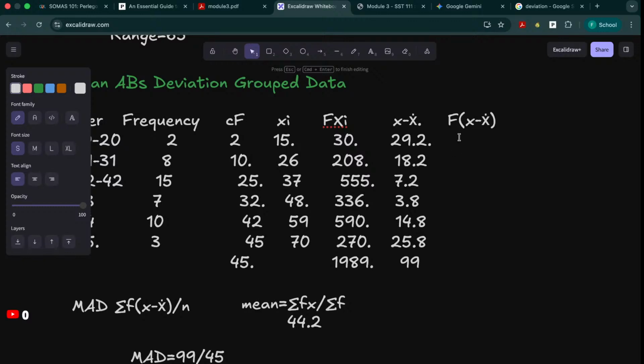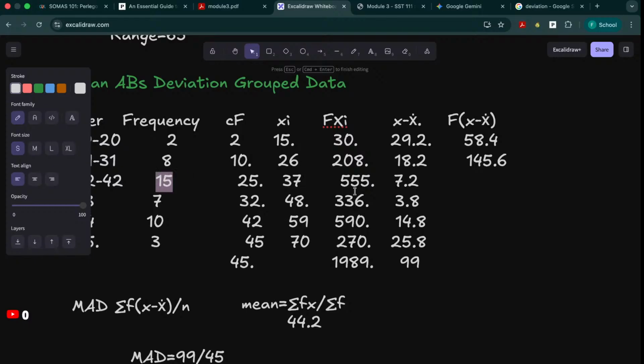So we do frequency times this. So 2 times 29.2, we should get 58.4. So here we open our eyes. 8 times 18.2 gives 145.6.